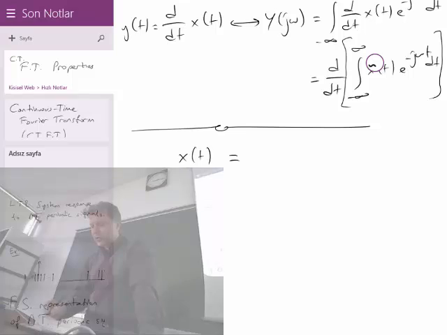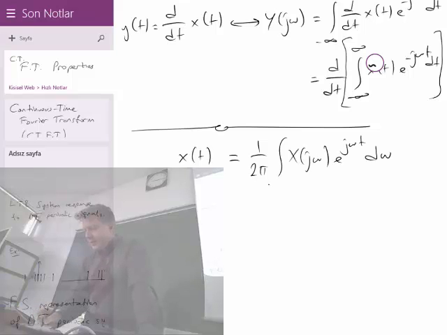This is easier to see. Let's write x of t in terms of the inverse Fourier transform of x of j omega. It will be much easier to see what's happening here.